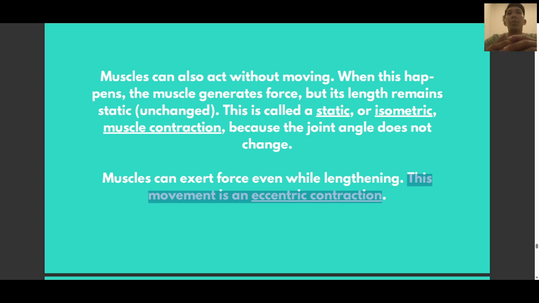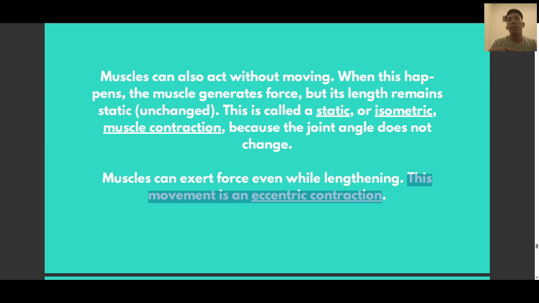The best example of an eccentric contraction is the action of our biceps when we extend the elbow to lower a heavy weight. Just like for example, when we lift a dumbbell and then lower the dumbbell down, that's the action of the eccentric. In that case, our thin filaments are pulled farther away from the center of our sarcomere.